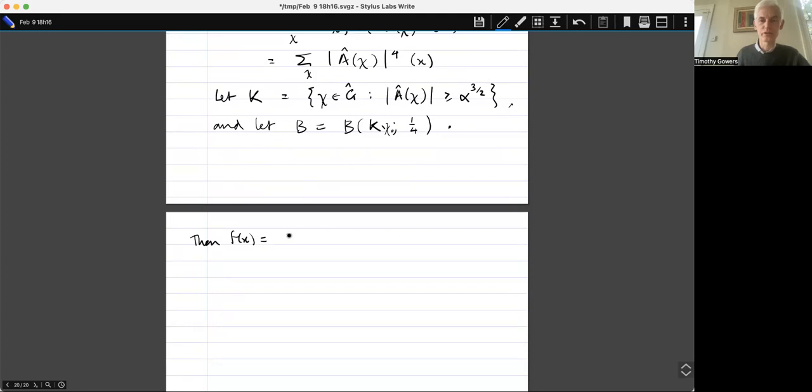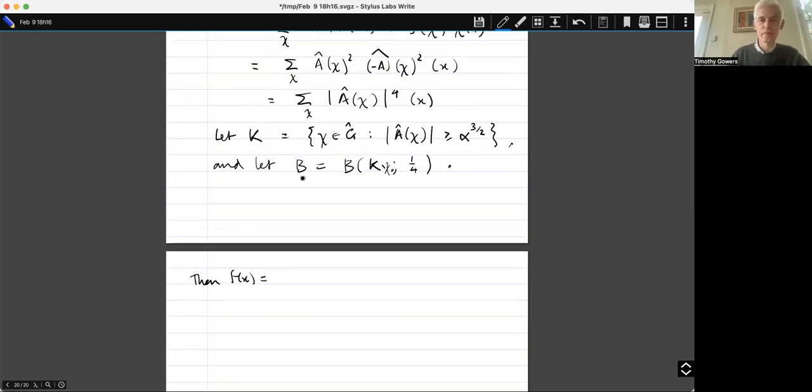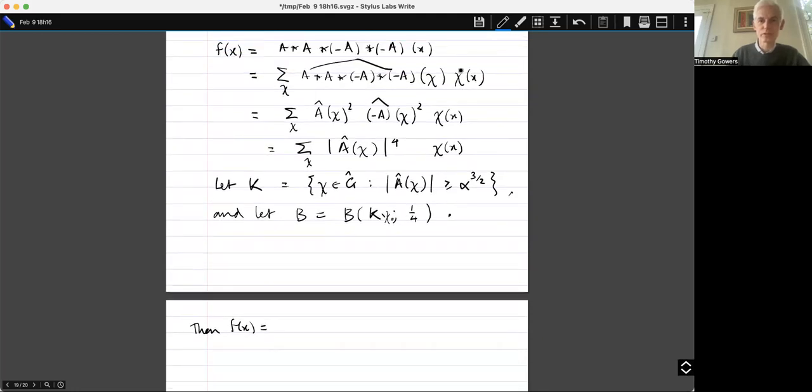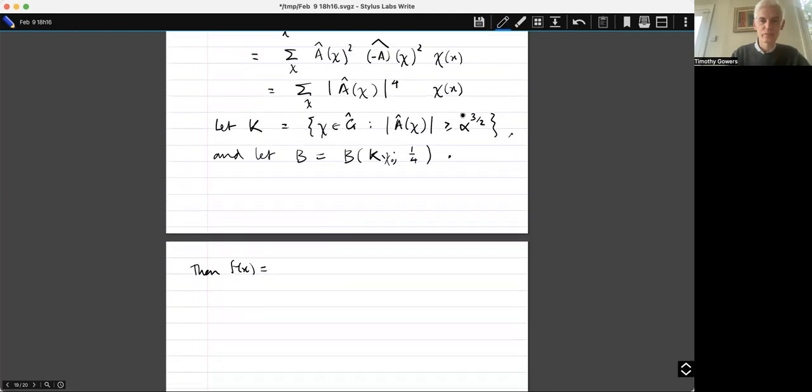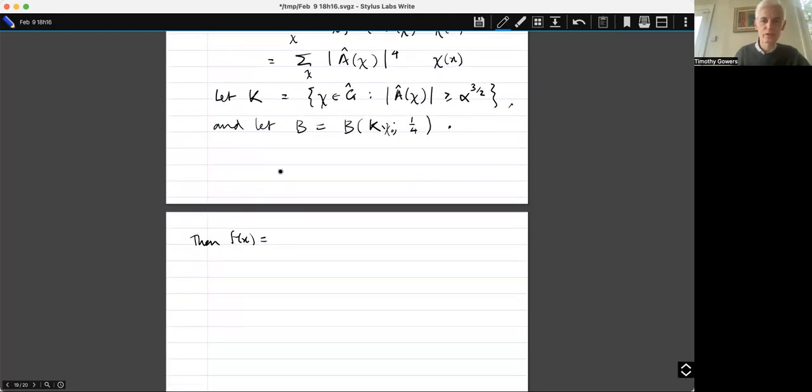So we get something's wrong there, and it was wrong there as well. I wanted a chi of x. Yes, because this chi of x just carries on down here. So back to here, so we get, and when chi is the trivial character, chi of x is just 1.